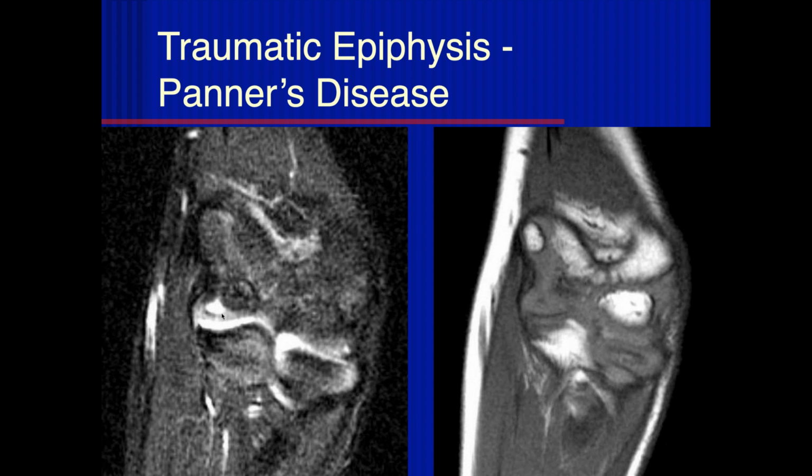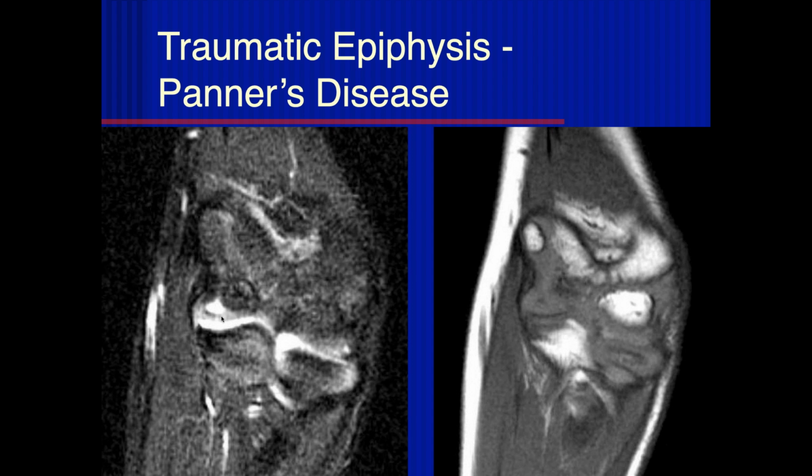The cartilage shouldn't have fluid signal like this within it. If you do, in this location, Panner's disease is where you have traumatic injury while you still have a lot of growth plate, before you have a well-defined ossification center. What you find in these is injury to the articular cartilage. Panner's disease is early on, in the 9 to 12 age range, and over time these patients will develop symptoms.